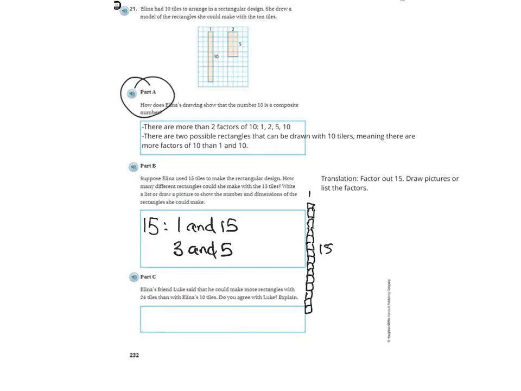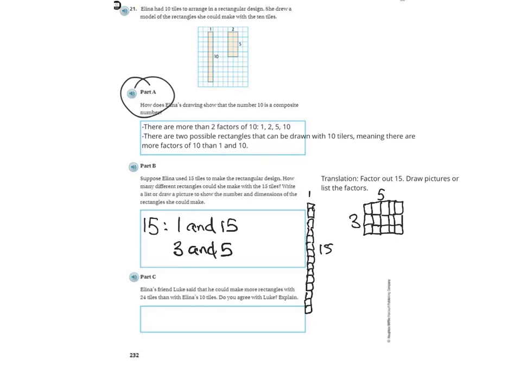Then your other way is 1, 2, 3, 4, 5, 1, 2. And all I'm doing is just drawing out my boxes here. So then I have 3 by 5. That's it. Or you can say 15 and 1 and 5 by 3. But that's all that they're asking you to do in part B, is just take 15 and factor it out. And then show me your factor pairs.